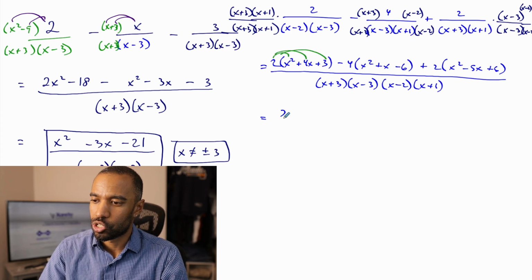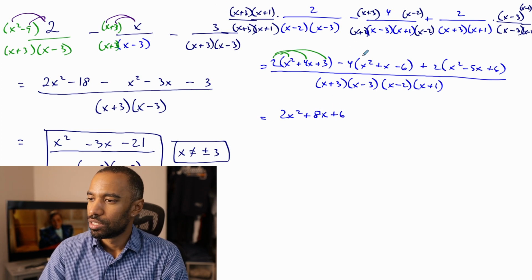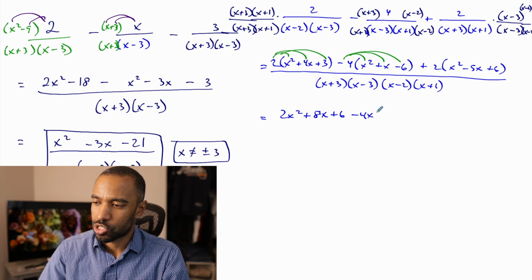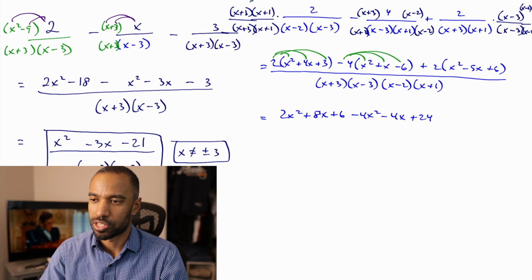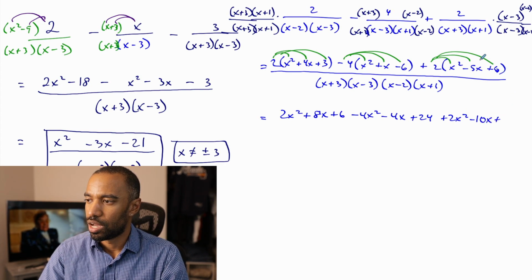We're going to get 2x squared plus 8x plus 6. Distribute here. Remember, this is a negative 4, guys. Negative 4x squared minus 4x plus 24, as that's a negative 4. And then this 2 is 2x squared minus 10x plus, that's a 6, so 12.